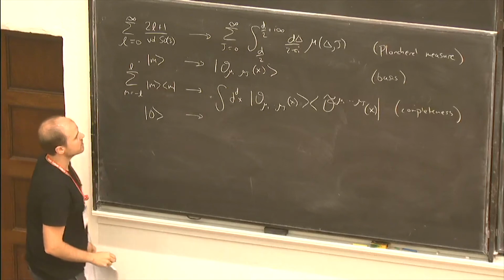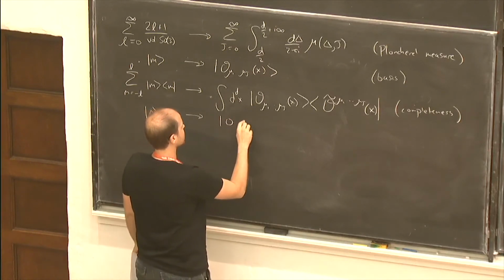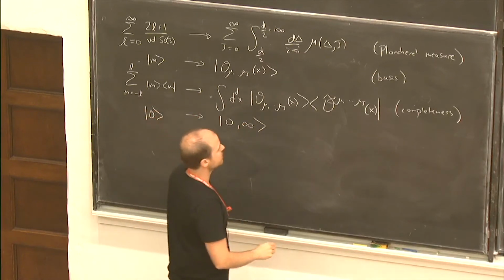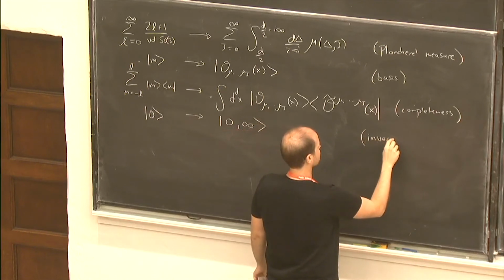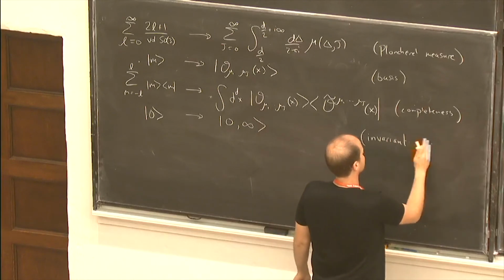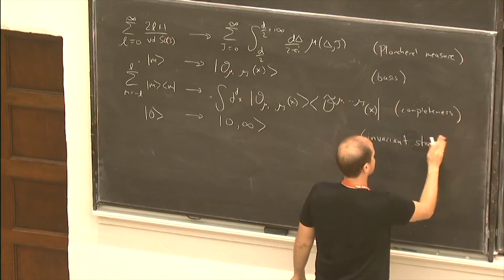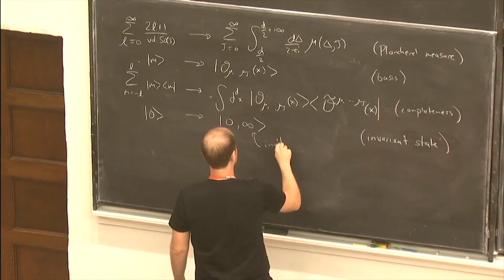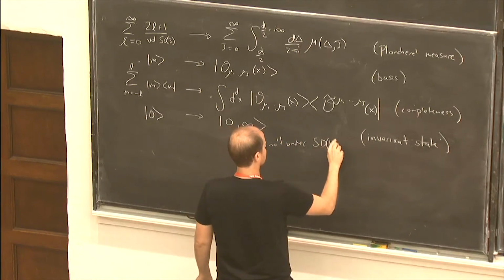In this case, in each principal series representation, we should look for a state that I'll denote in this way that is invariant under SO(1,1) cross SO(d).